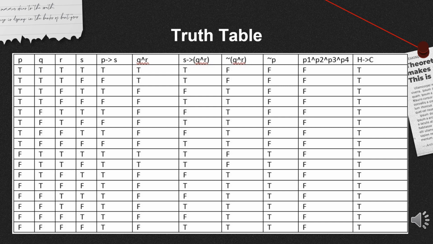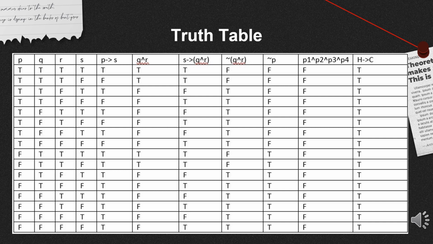And the values for S are true, false, true, false, true, false, true, false, true, false, true, false, true, false, true, false.